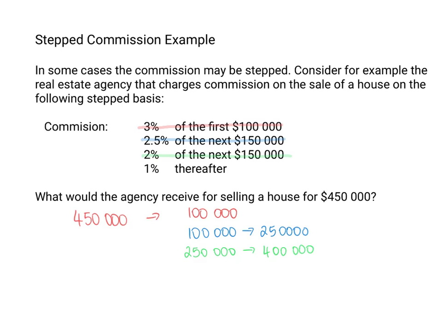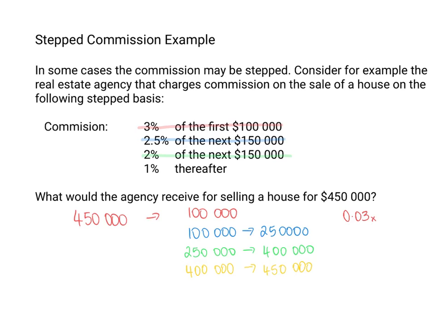Basically they get 1% of anything more than that. So we're looking at the $400,000 to the $450,000, which is the extra part that we have. They'll get that extra amount. So in terms of calculations, we're going to have 3%.